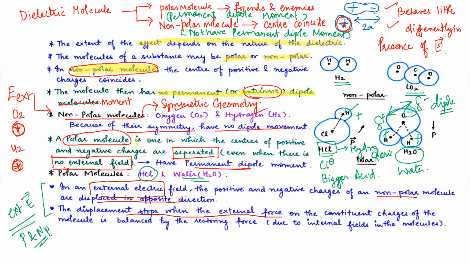So what happens? Restoring force. This is our positive charge, this is our negative charge. Both are having the same center. Now, same center. We provided E external and they are segregated.